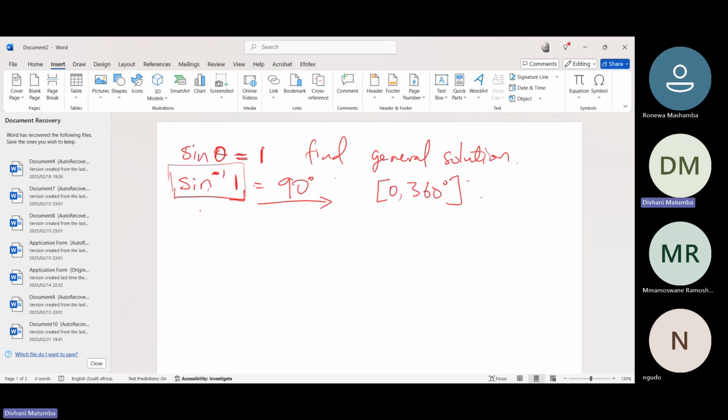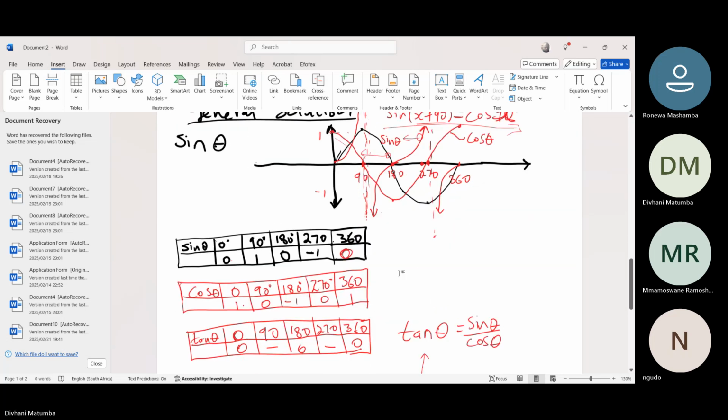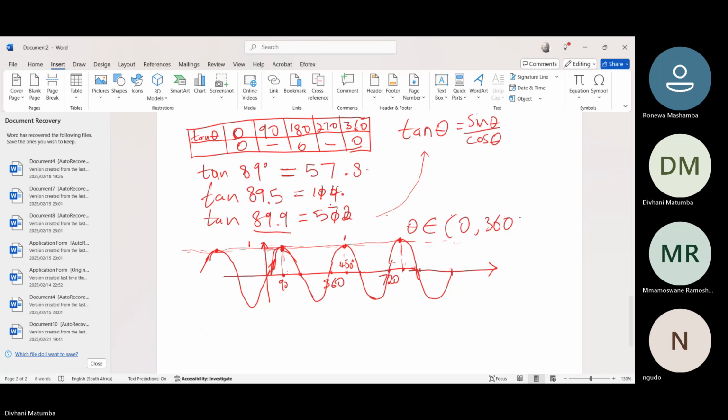So how can I generalize this equation? To generalize the solution, we know that theta is equals to 90 degrees plus, you can see that from that point to that one, how many steps do I have to travel, or how many degrees?